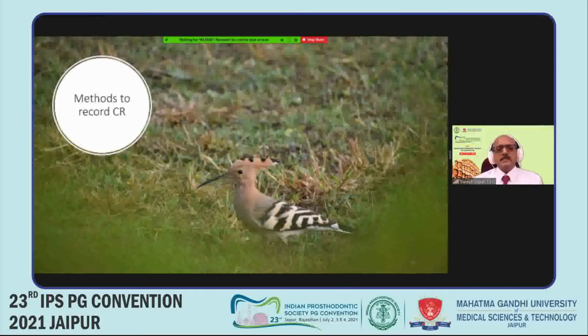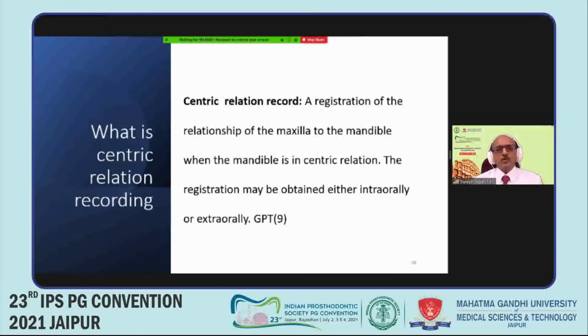Now let us try to see a few methods of recording centric relation. There are so many techniques that have been explained for centric relation recording, but actually, according to GPT-9, the centric relation record is just a registration of the relationship of the maxilla to the mandible, or we can say mandible to maxilla, when the mandible is in centric relation.